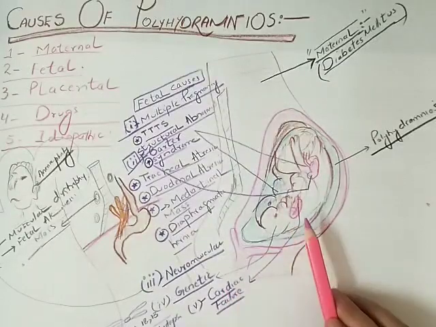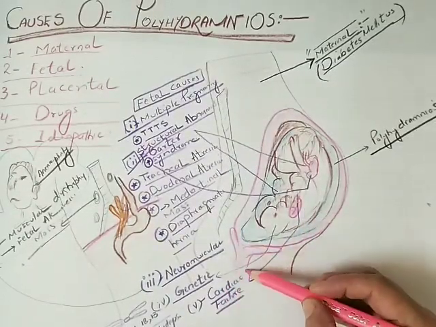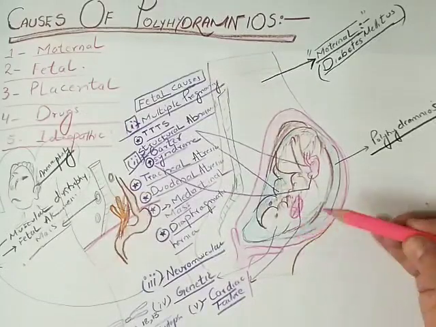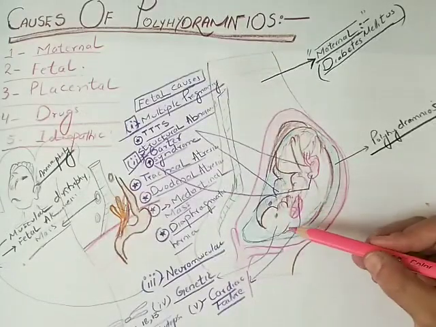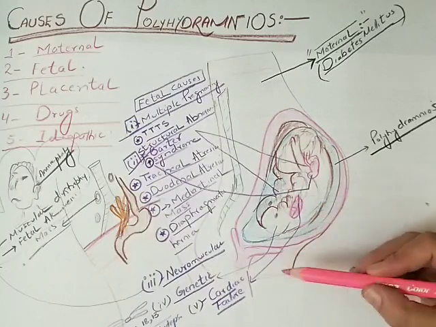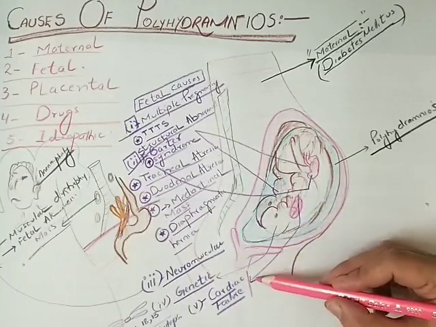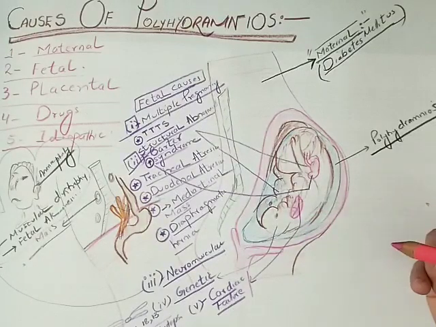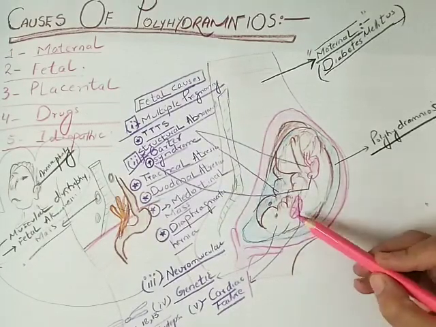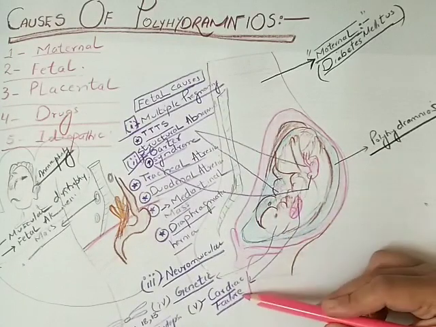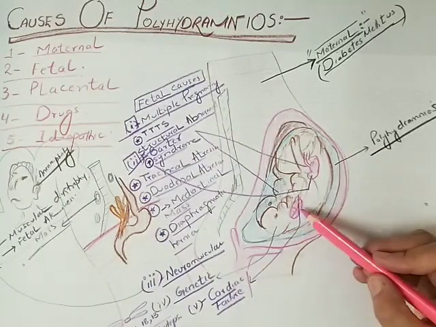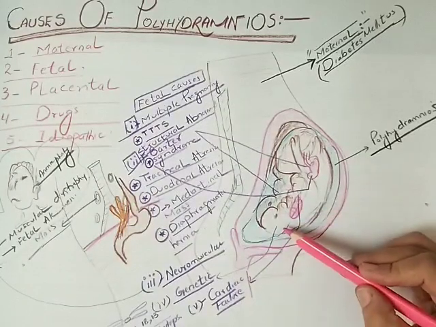There are multiple conditions. It's very difficult to write each and everything here, but I would like to tell you that anemia due to any reason in the fetus can result in cardiac failure, as all of you know. Sacrococcygeal teratoma can cause. Then there are vein of Galen aneurysm in the fetal heart that can cause the cardiac failure. Fetal anemia, as I have told you, maternal immunization can cause the cardiac failure.